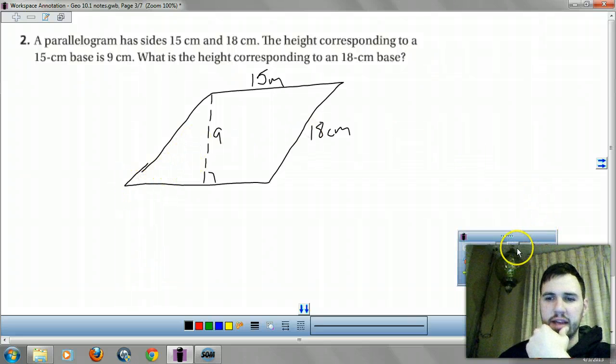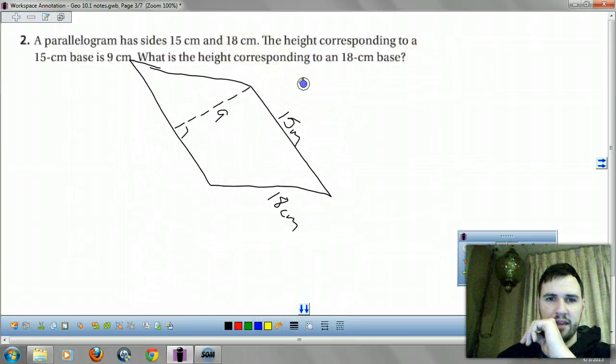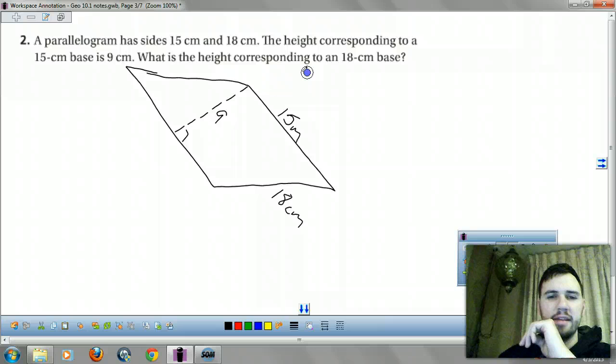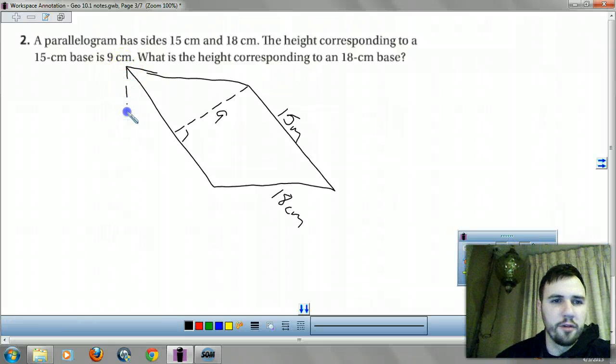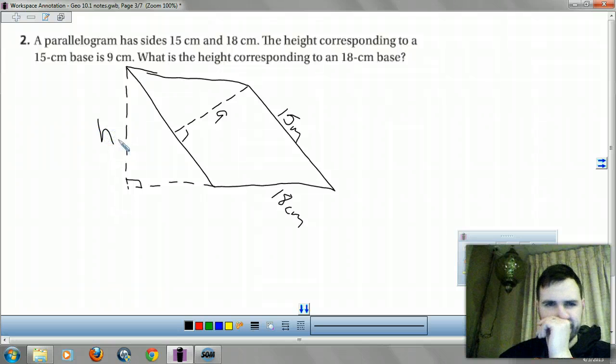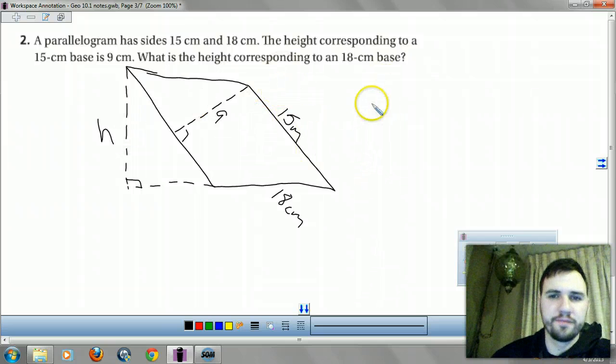What they're looking for is if you were to draw the height. Say I took this whole thing and I rotated it. So 18 was my base. What they're asking for is, what would this height be? It's a tough one. So here's what you do.